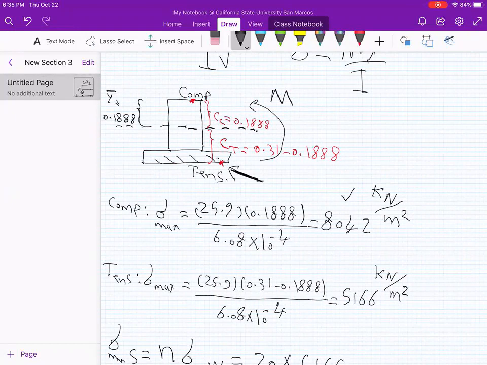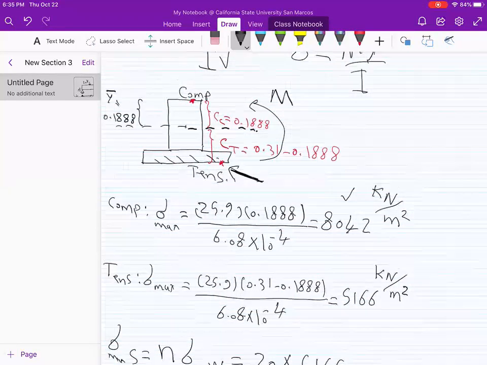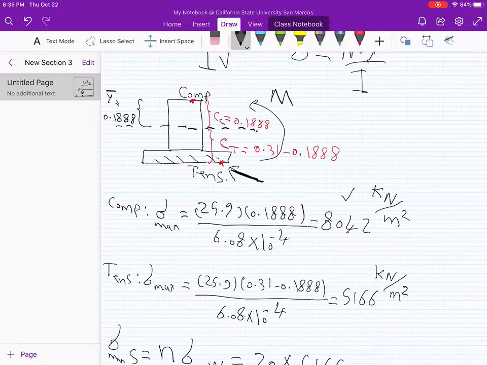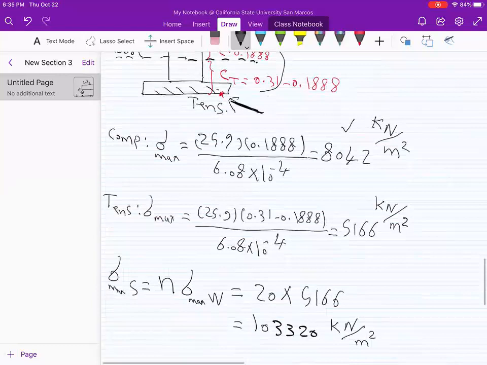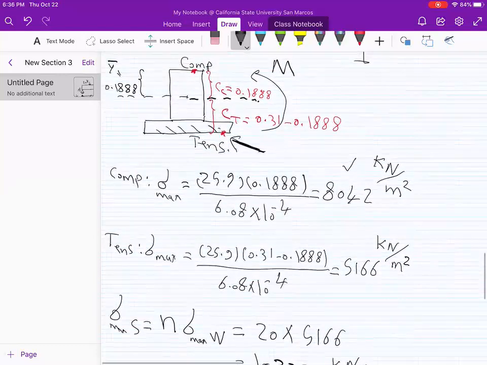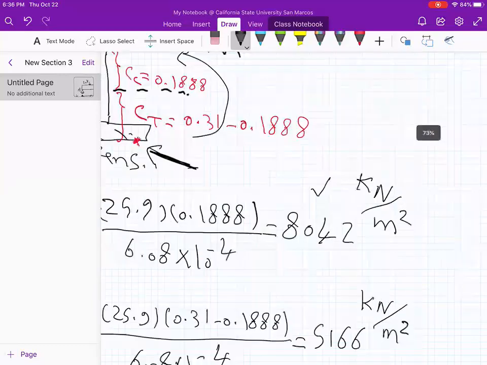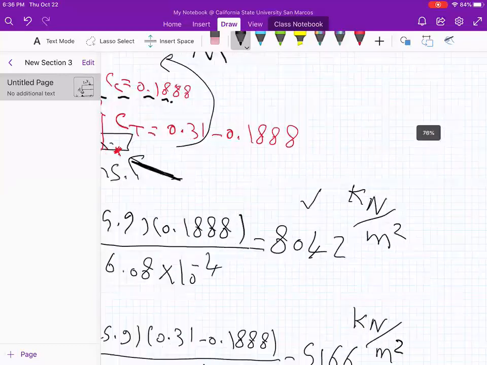with both steel and wood we are not able to solve it, because we derived the formula sigma equals My over I based on one material. Therefore, we temporarily use an equivalent section to change to one material, and at the end, once we find the stress, if the stress is in the area of the steel, we go back and convert it.